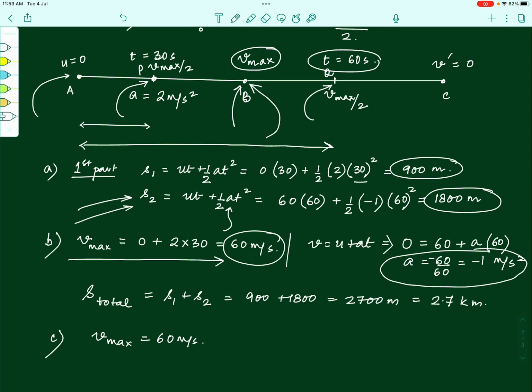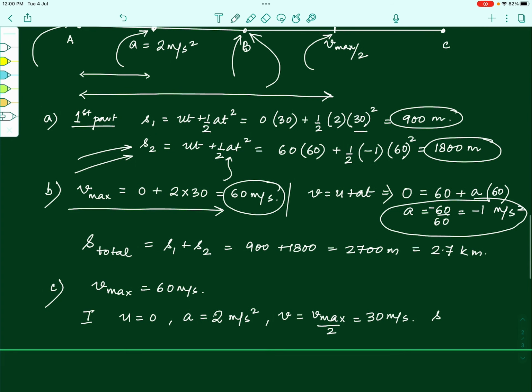So can we say that for the first part of the motion, we can use the third equation of motion to connect this V max with initial velocity U, which for the first part is 0, and the acceleration, which for the first part of the motion is 2 meter per second squared, right? And we are looking for that S, for which V is equal to V max by 2, that is 30 meters per second, right? So S is what we are looking for.